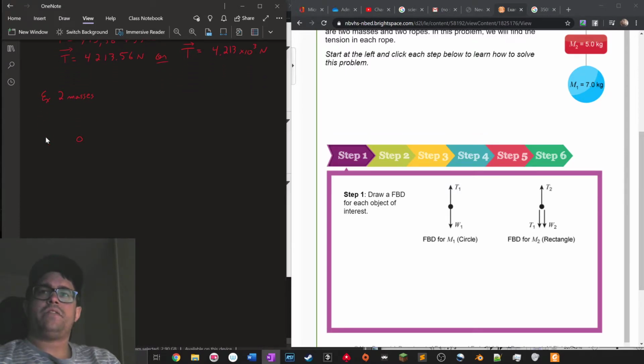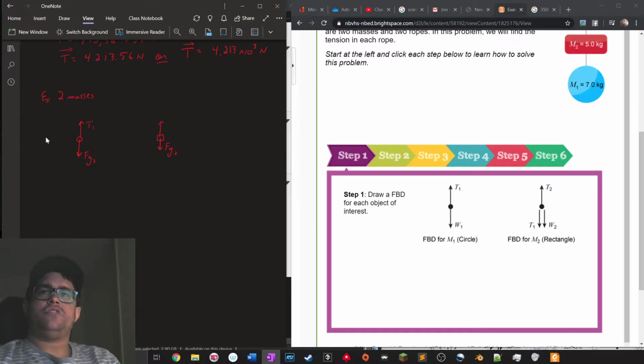So this first mass has its weight, Fg, and a tension called T1, or tension on mass 1. And we have a square mass that is experiencing its own Fg, so we'll call it Fg2, just like weight 2.